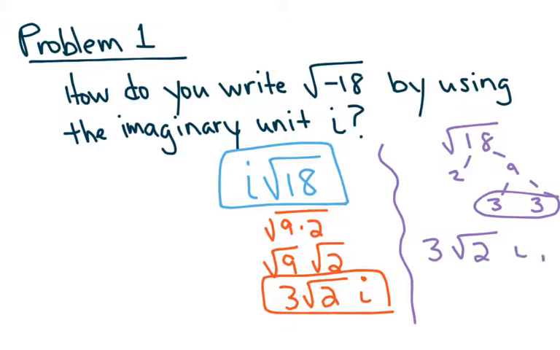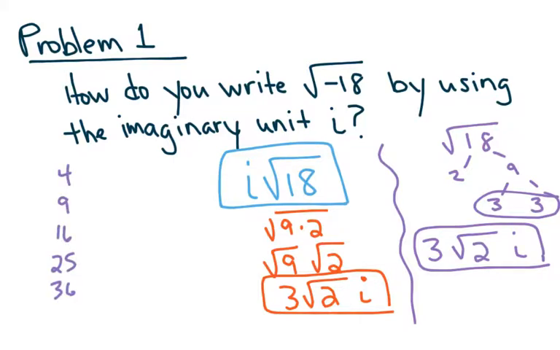Either way is an acceptable way of doing the problem, but this only works if the number under the radical is divisible by a perfect square, like 4, 9, 16, 25, 36, and so on. Most of the problems you'll run across right now won't be. We'll cover more of these in a future chapter.